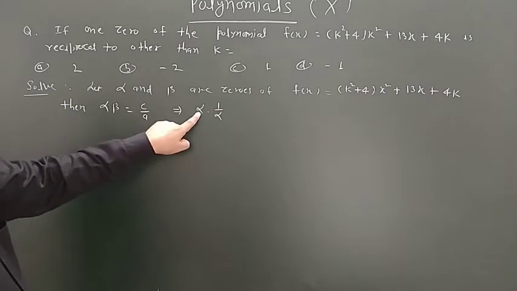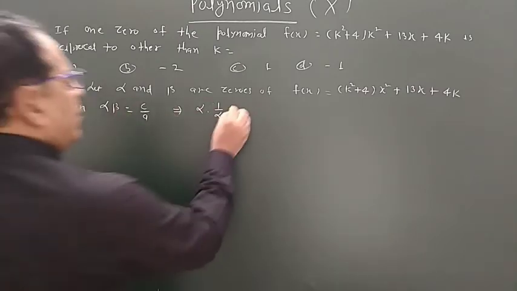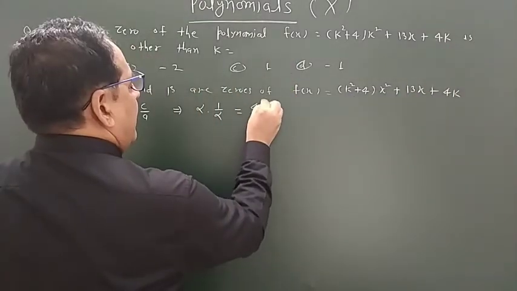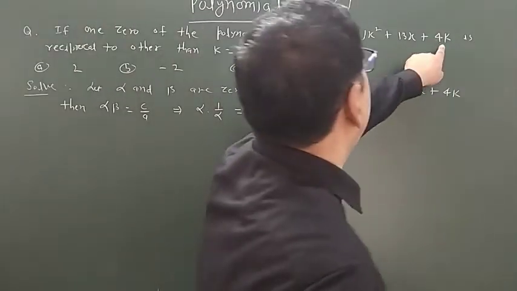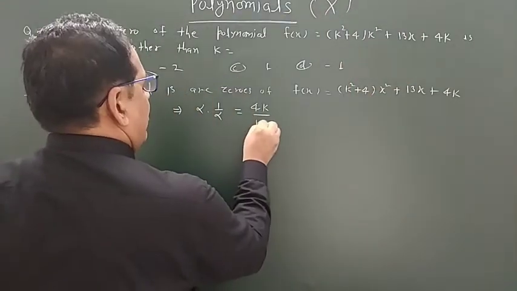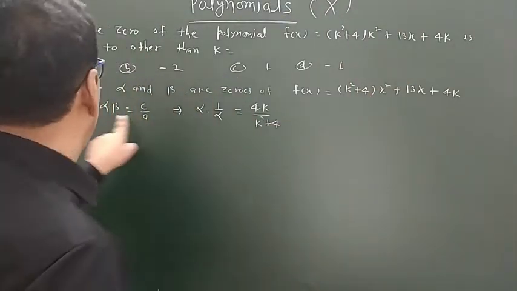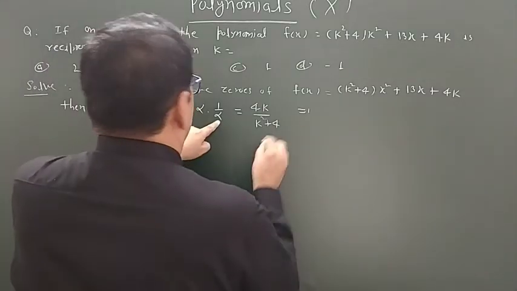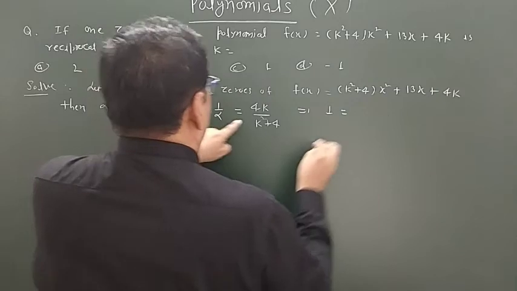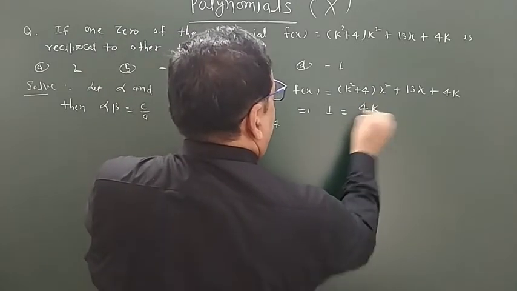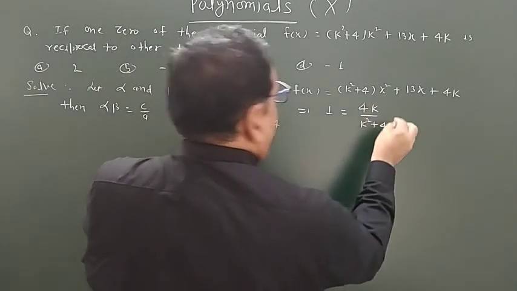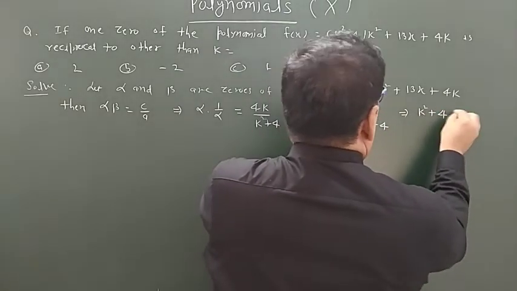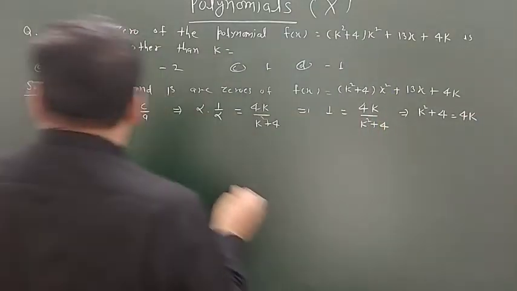So if one zero is alpha, then the second will be 1 upon alpha, and c upon a is 4k upon k square plus 4, according to alpha into beta equal to c upon a. This means alpha and alpha cancel out, so we have 1 equal to 4k upon k square plus 4, cross multiply here, so k square plus 4 equals 4k.